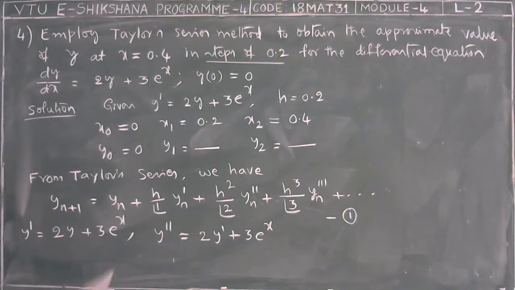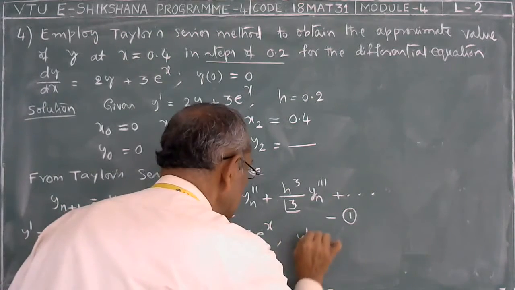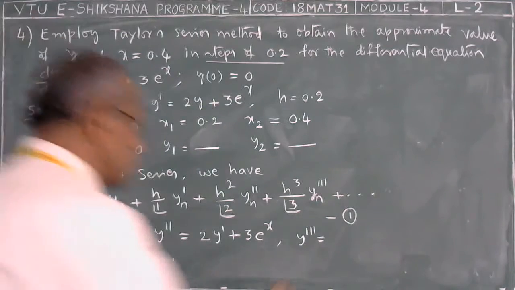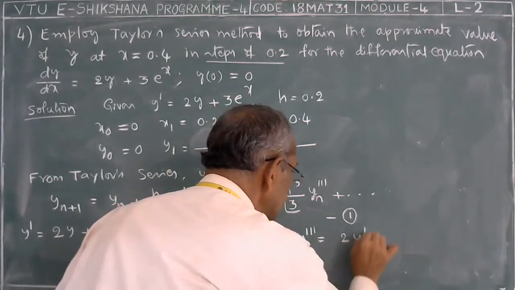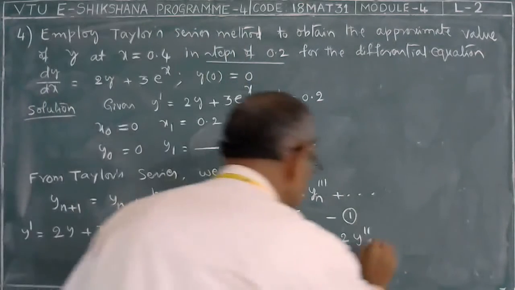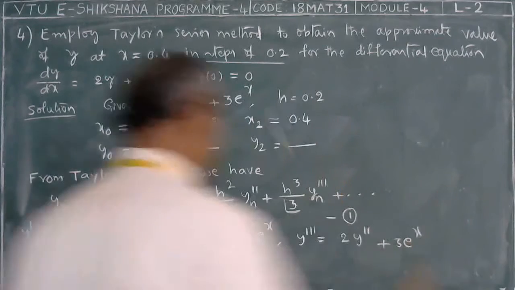Then the third derivative, y triple dash, is 2 into y double dash plus 3 into e power x.